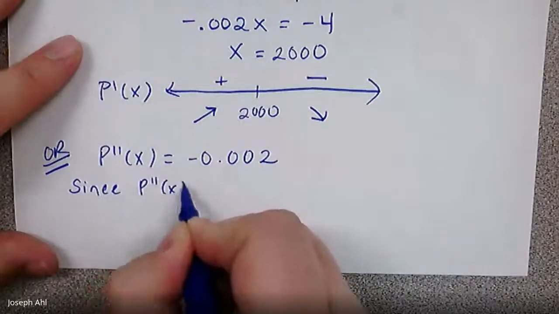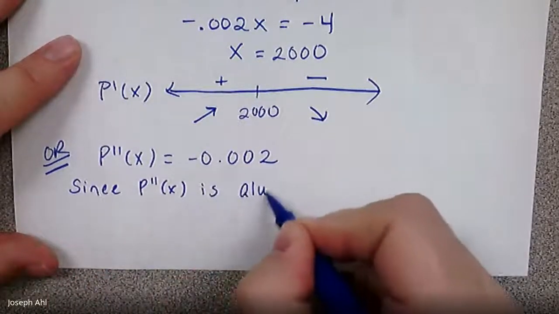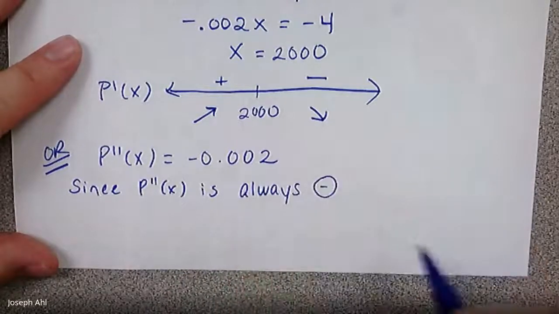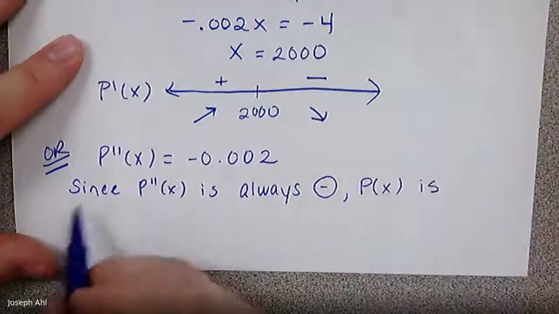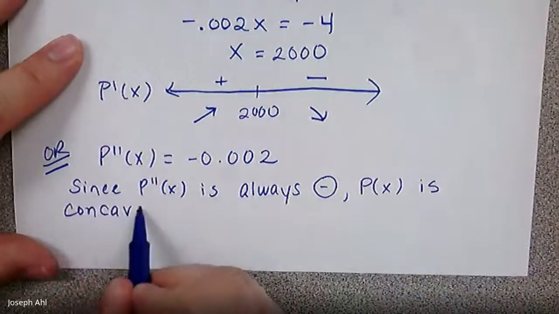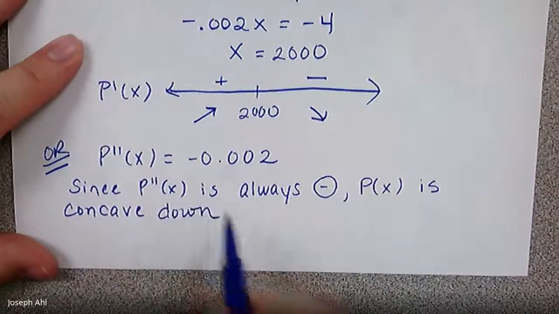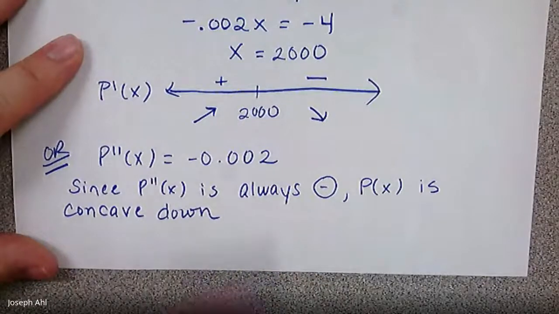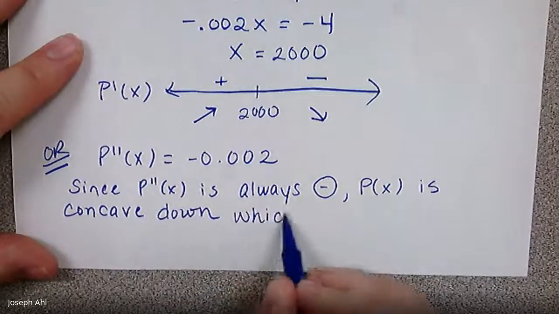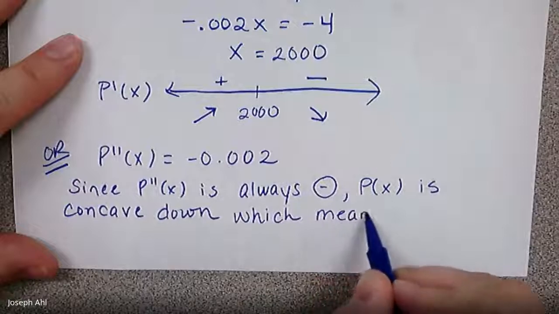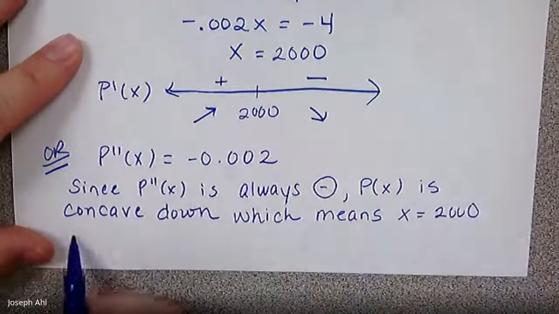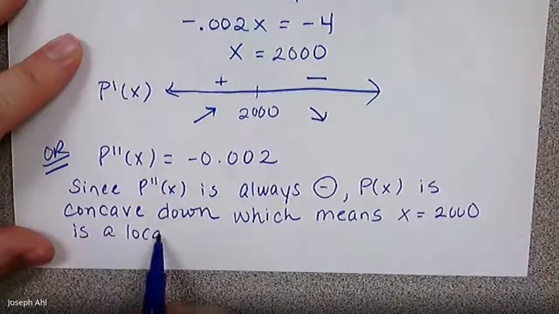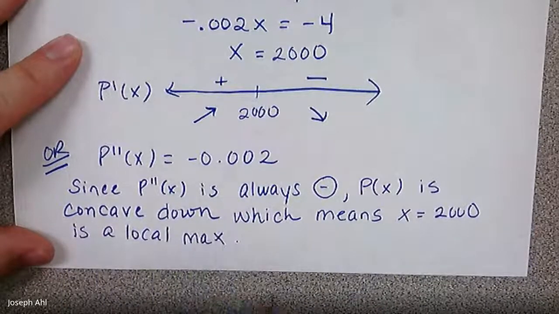Well, since P double prime of x is always negative, the conclusion is that P of x is concave down. Which means that x equals 2,000 is a local max.